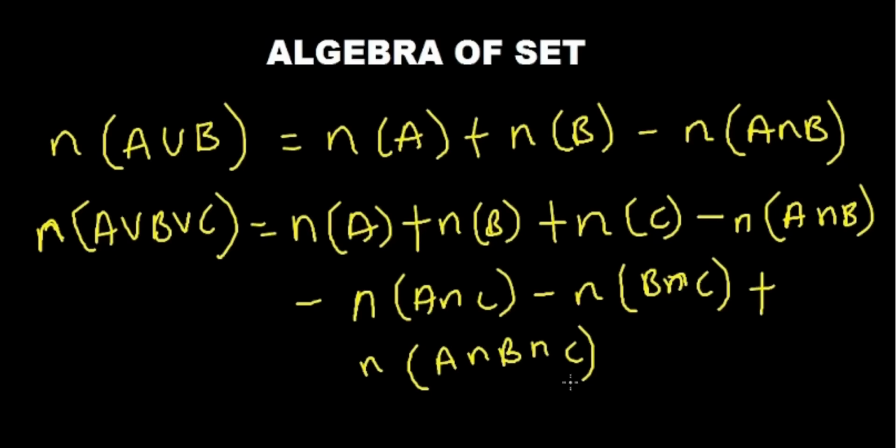This is another rule you need to know. The first one is A union B is A plus B minus the intersection, and for three sets, same thing as we are seeing on the screen.